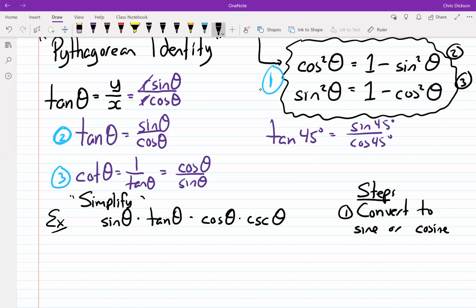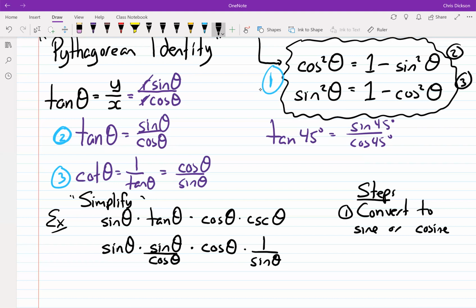Okay, so let's take a look here at this one. So I'm going to keep the first sine as a sine theta. And now the tangent, I'm going to turn that into what it is, which is sine theta over cos theta, multiplied by cos theta. And then cosecant is really 1 over the sine of theta. Okay.